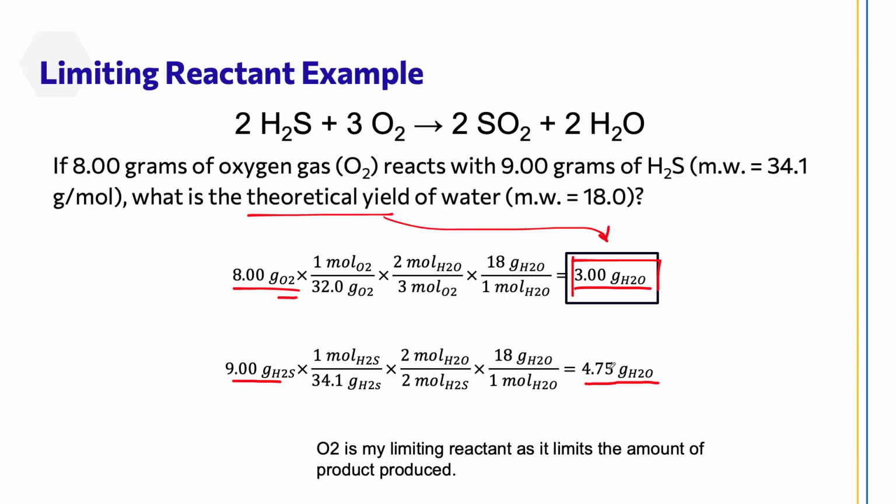I cannot produce 4.75 because I do not have enough oxygen. Note that a common mistake in this type of problem is that you must choose one product to compare. You cannot do H2O for O2 and then choose to do SO2 for H2S. Then you don't have an even comparison.